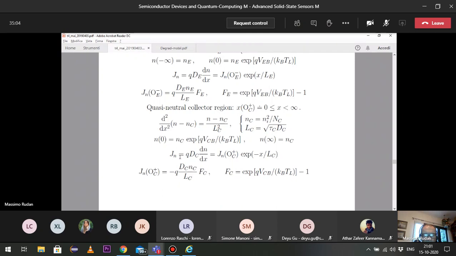We calculate the solution of the differential equation in which the asymptotic value is called N sub C, the diffusion length is called L sub C, the asymptotic condition is at plus infinity, and the condition at the edge of the space charge region is n of 0 equal to N_C exponential of q over kT times V_CB. V_CB is the voltage applied between the collector and base contacts.